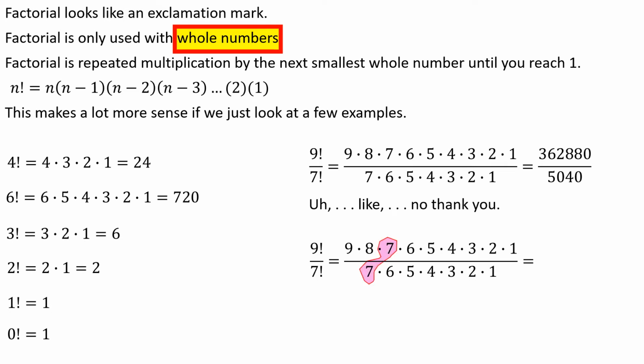I can cancel the 7 with the 7, the 6 with the 6, the 5s, the 4s, the 3s, the 2s, and then even those 1s cancel out. So I'm left with just 9 times 8. Remember, if everything that's on the bottom cancels out, we don't even have a fraction anymore. And of course, 9 times 8 is 72.